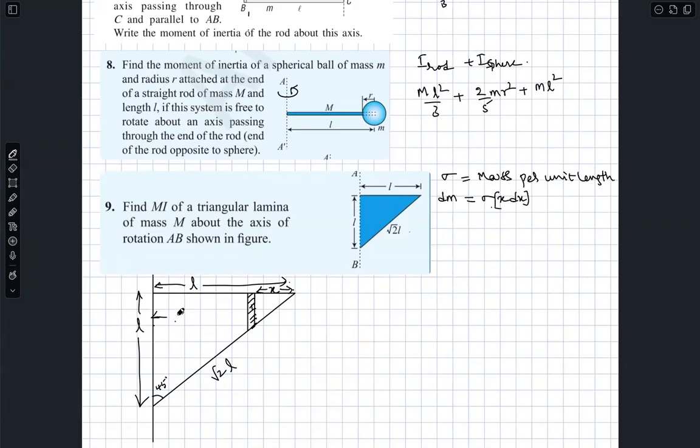So now this is at a distance of L minus x. What is going to be the moment of inertia of that element? Sigma x dx times r square.